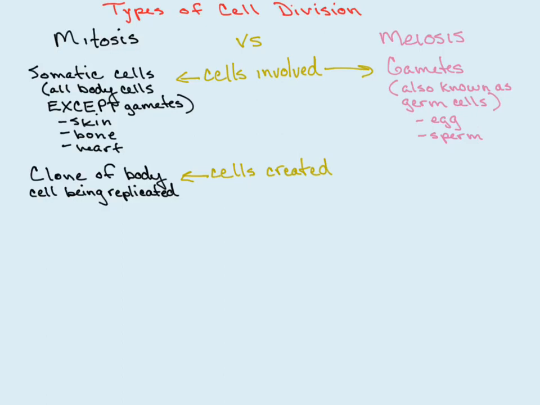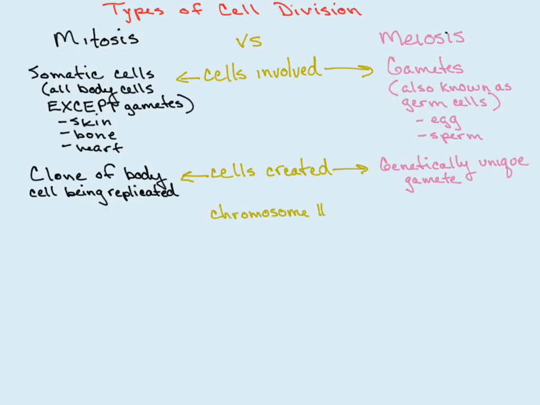And that's its job, right? To help you repair those cells, or maybe you're growing, that kind of thing. For meiosis, the cells that are created are genetically unique gametes, right? So genetically unique egg and sperm.